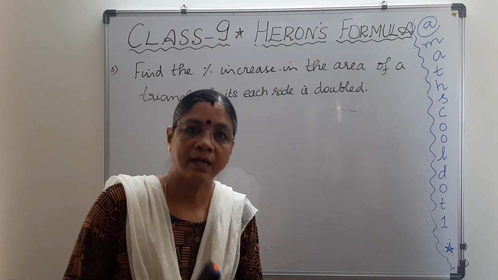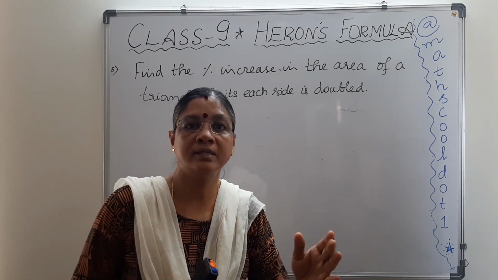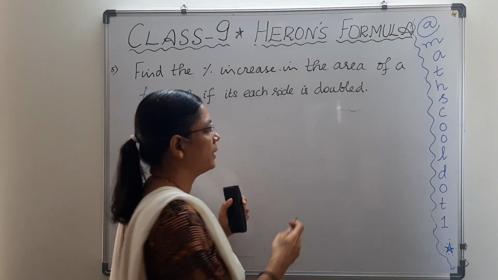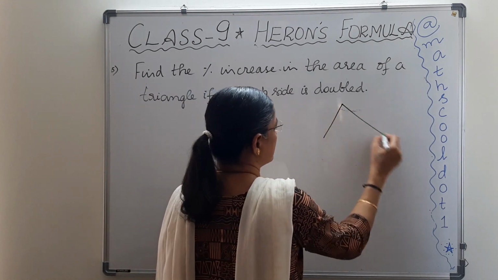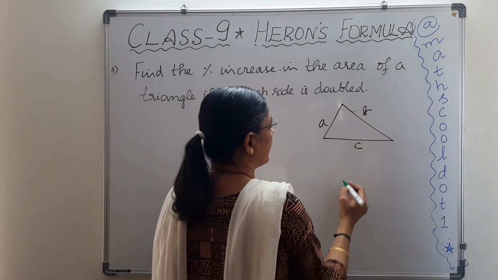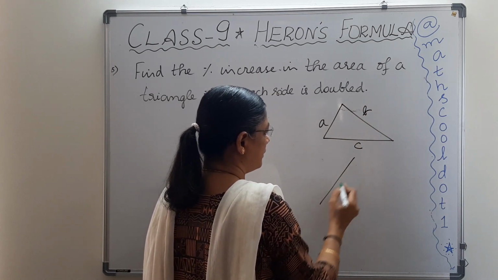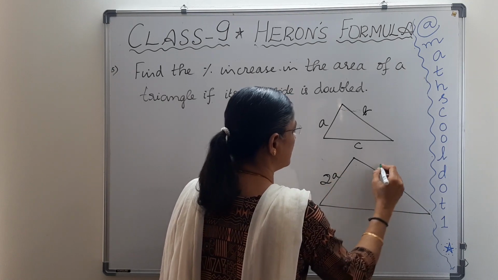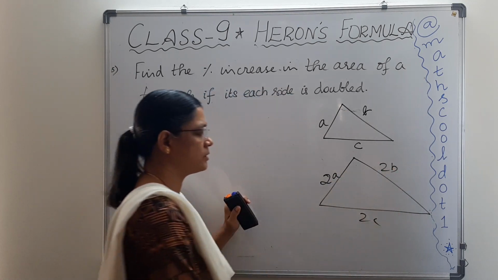So when the sides double, naturally the area increases, isn't it? The size of the triangle increases, so naturally the area will increase. If this is a triangle with sides A, B, C, and the sides are doubled, this is 2A, this is 2B, and this is 2C.